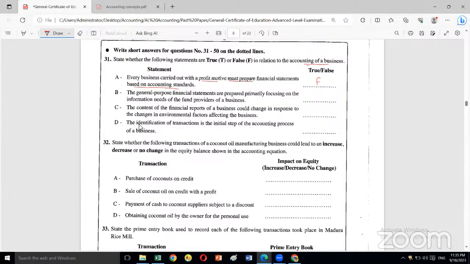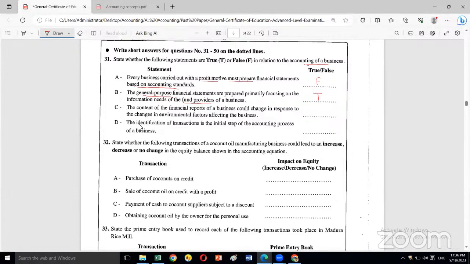B. General purpose financial statements are prepared primarily focusing on the information needs of the fund providers. Baba, fund providers means who? Shareholders, the investors. Yes, it is true. The profit or loss statement and statement of financial position, those we call general purpose.